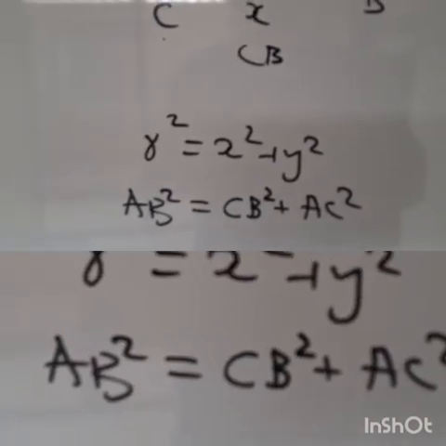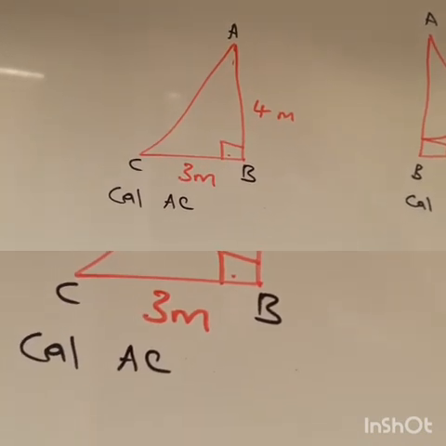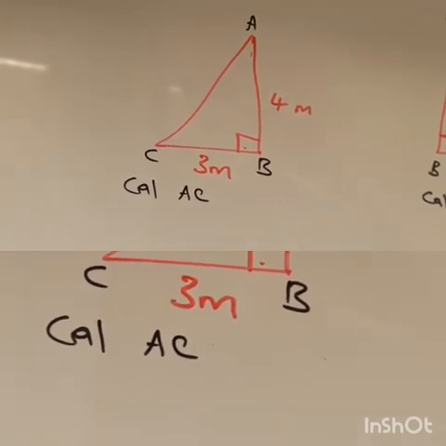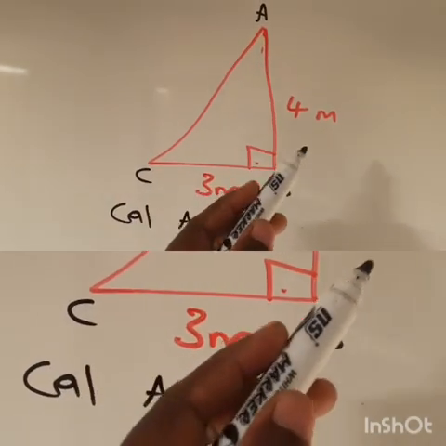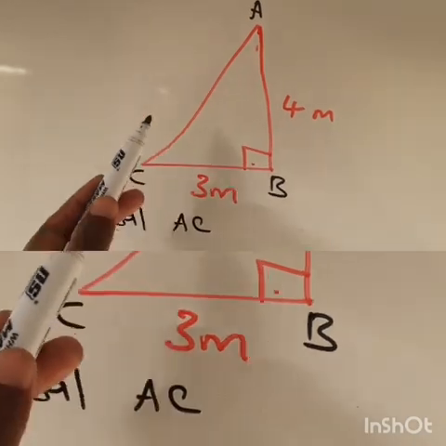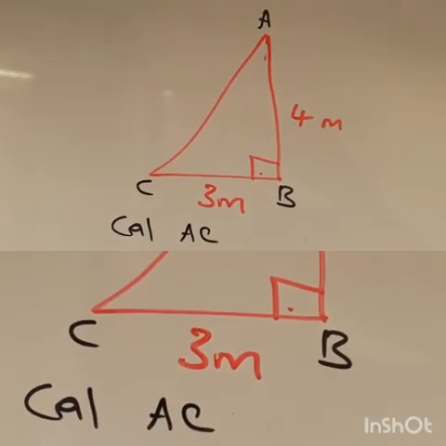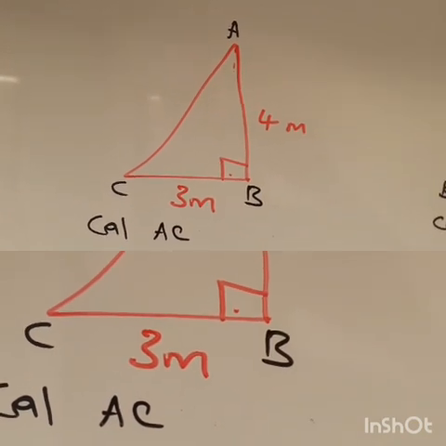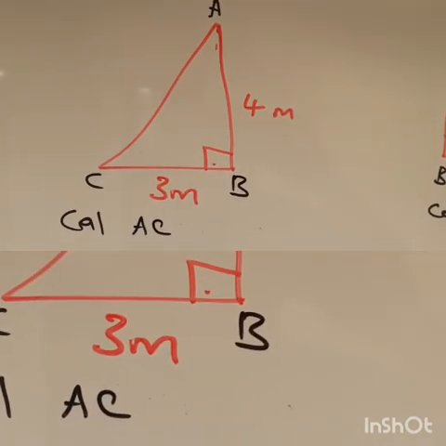Now looking at the first problem, I've been given triangle ABC. Triangle ABC is a right angle triangle. I've been given this side and this side, and I've not been given this side, which represents the AC. The first thing you need to remember is to label the triangle.